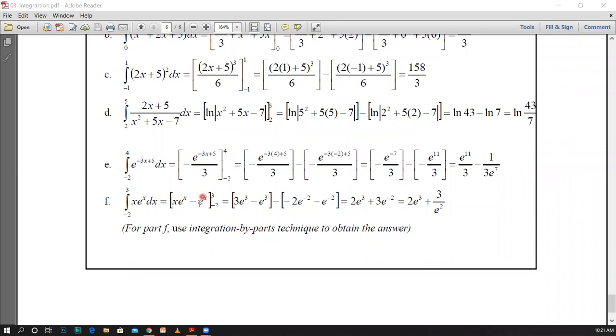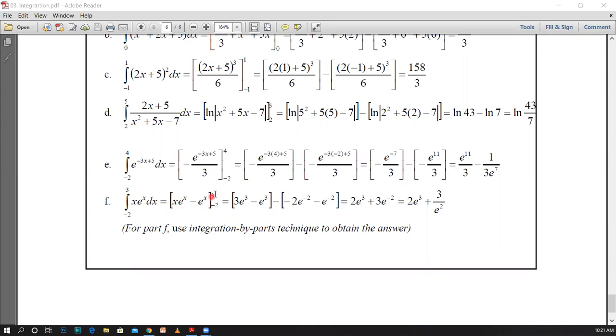You can perform the calculation and refer to the things we discussed in the previous section, where in the beginning of this section we used the integration by parts technique. Applying that technique, you can obtain this answer.